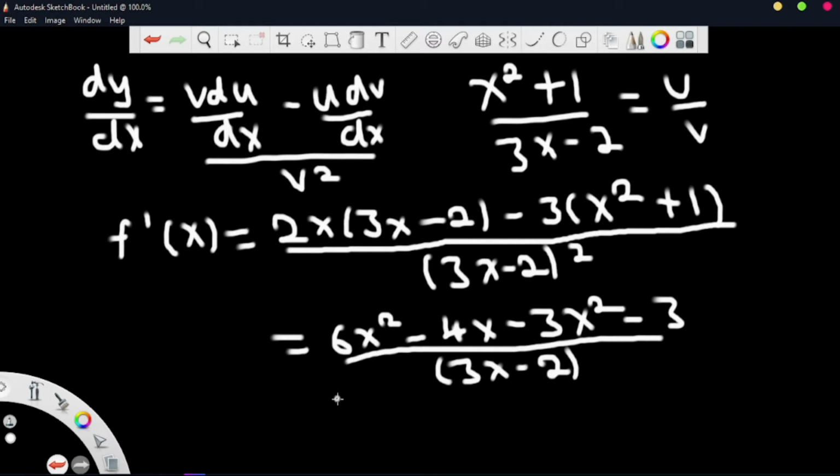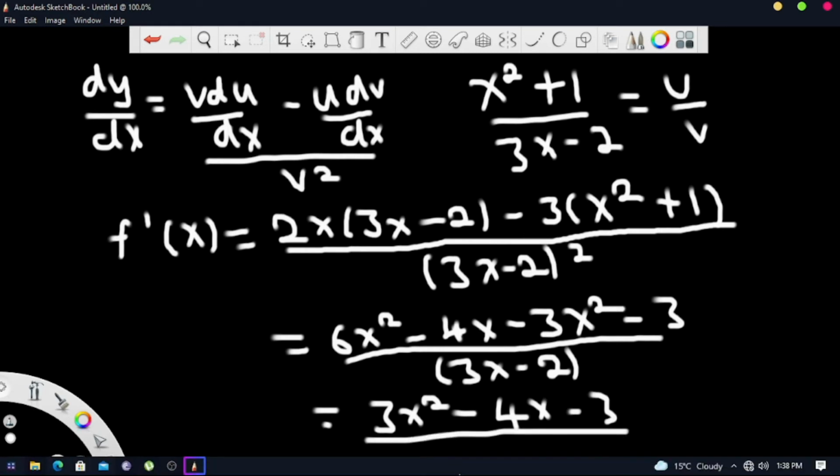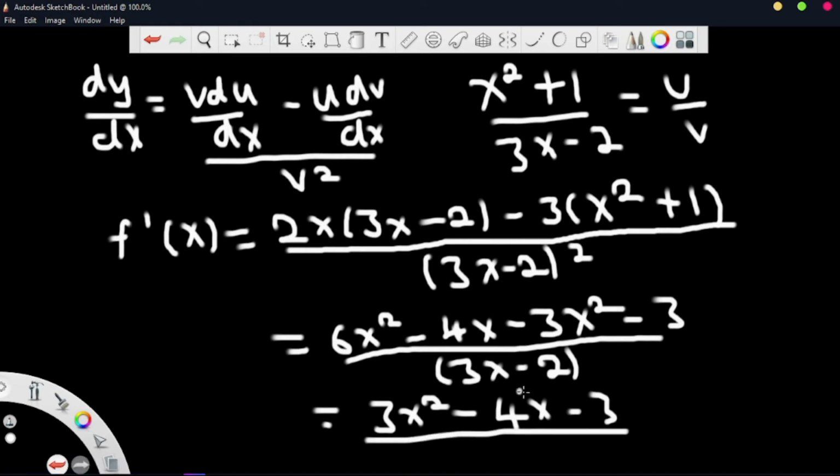So once we simplify what we have on the top part, we're going to have 3x squared minus 4x minus 3, and then this is all going to be over 3x minus 2 squared.